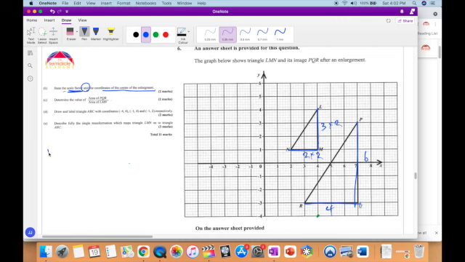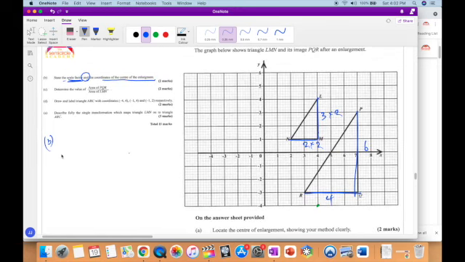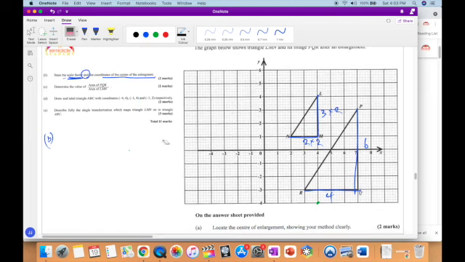So for part B, oh, part A, boy. Look, part A down there. Locate the center of enlargement showing clearly. Alright, well, part A and part B. Let's do this. Part A: locate the center of enlargement showing your method clearly. And then part B, write the coordinates for the... Why wasn't this just in part A?